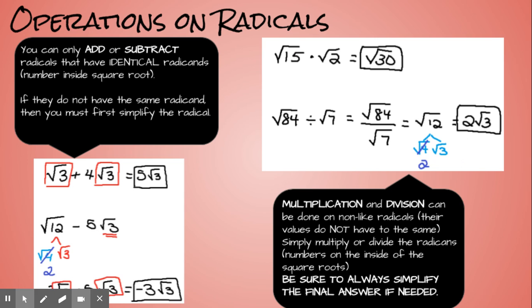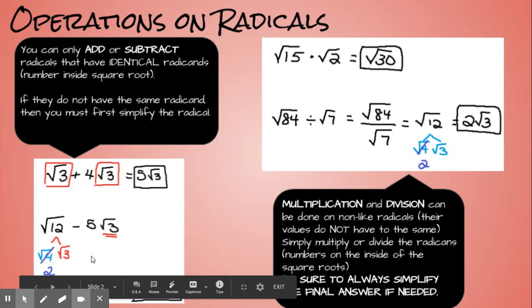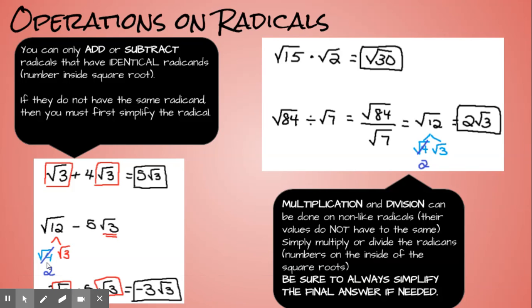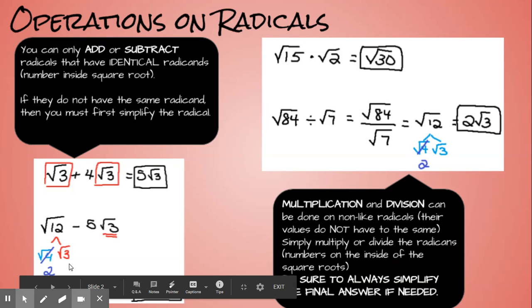Now, if we want to do operations on radicals, adding and subtracting can only happen on like roots. They have to be identical. You're going to consider them like they're variables. So as long as they are identical, then I can add or subtract the coefficients in front. If they are not identical, like what you see in that bottom problem here, this square root of 12 can be broken down into square root of 4 and the square root of 3.